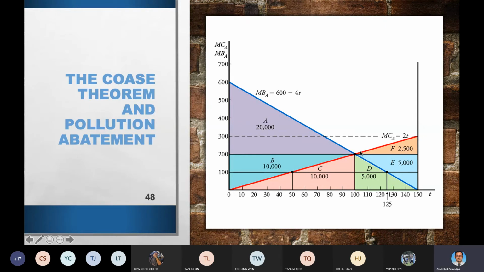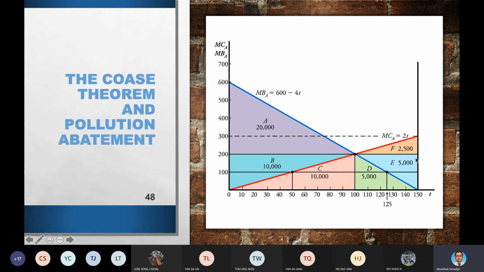So this is 100,000, the cost, plus this is 5,000. You can calculate it: 200 minus 0, so 200 times 50, 10,000 divided by 2 because triangle, 5,000.